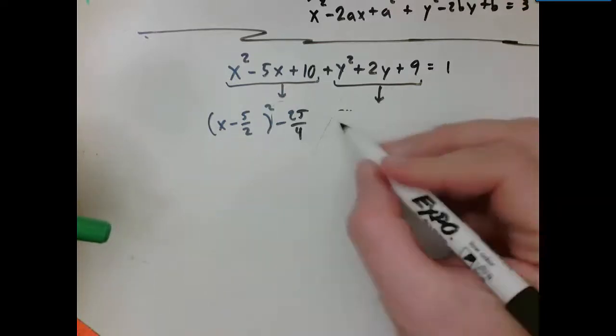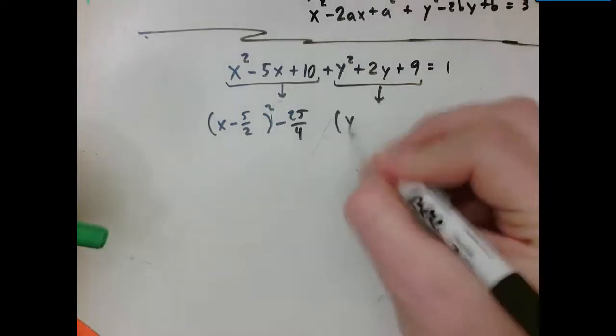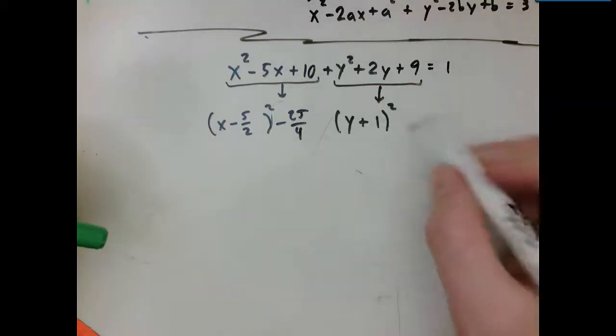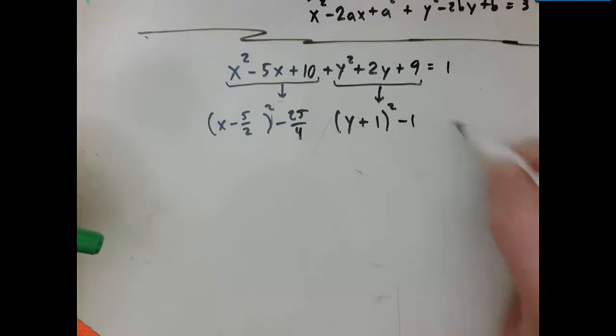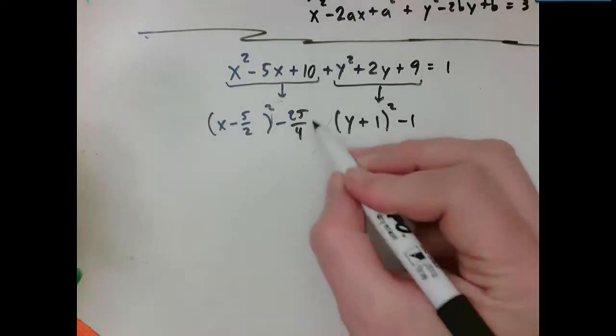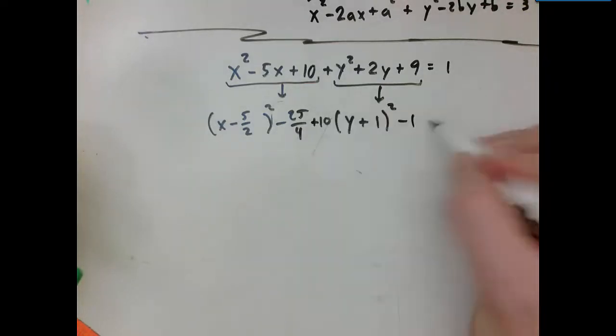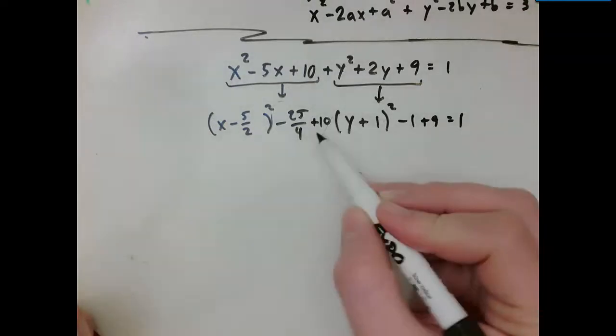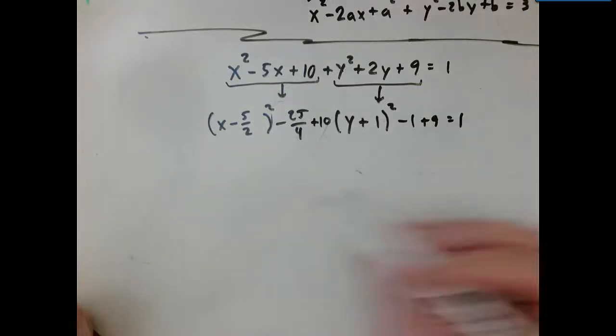Let's complete the square for the y. It'll be the same deal. Here I'll get an extra 1, so I'll subtract a 1. But what I've forgotten is that the plus 10 is still there and the plus 9 is still there. So now let's take everything that's not the x squared term and the y squared term, all these constants, and move them to the other side. I'm going to add 25 fourths, subtract 10, add 1, and subtract 9.